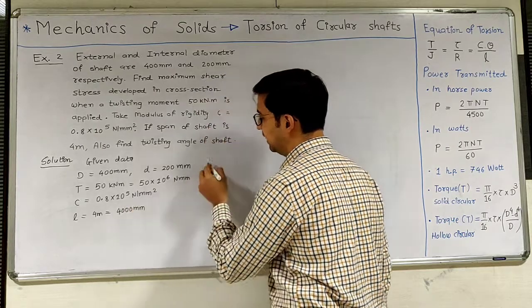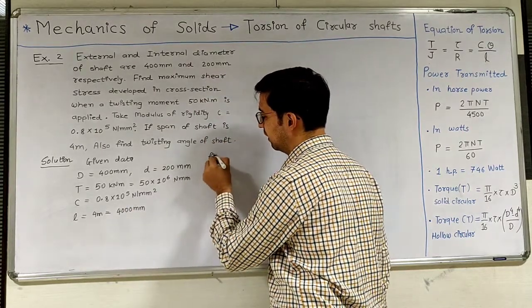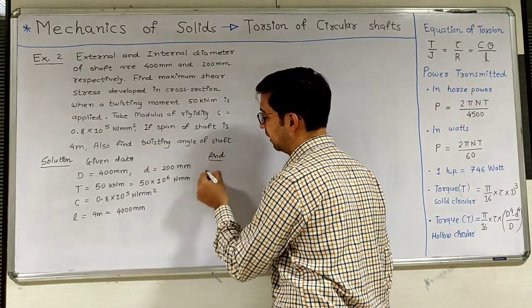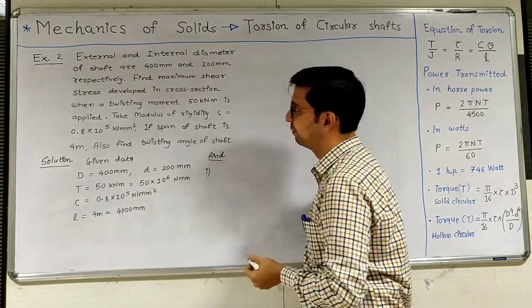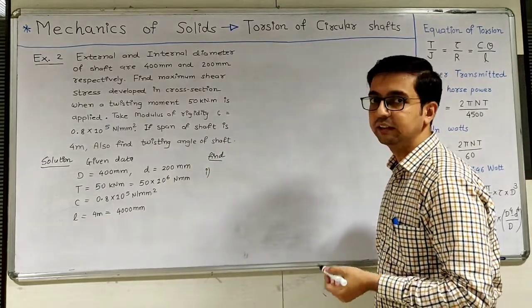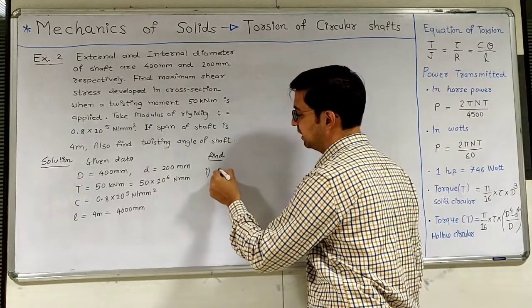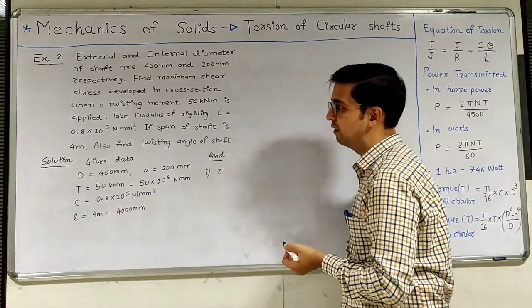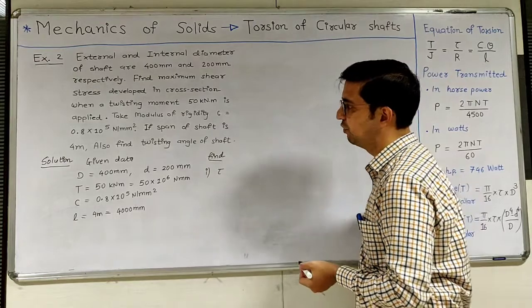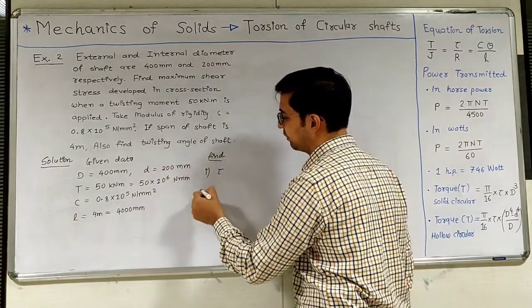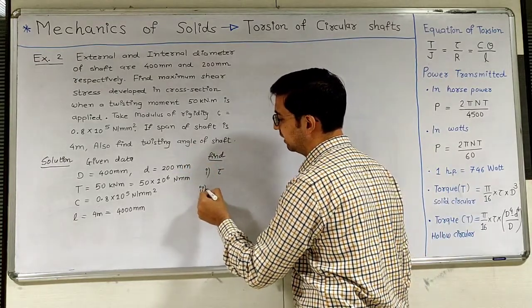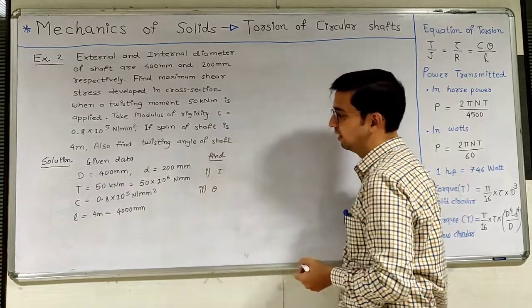Here we need to find the first parameter, the maximum shear stress developed, denoted by tau. Next we need to find the twisting angle of the shaft, which is indicated by theta.